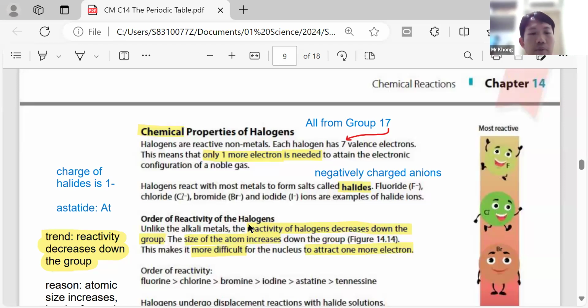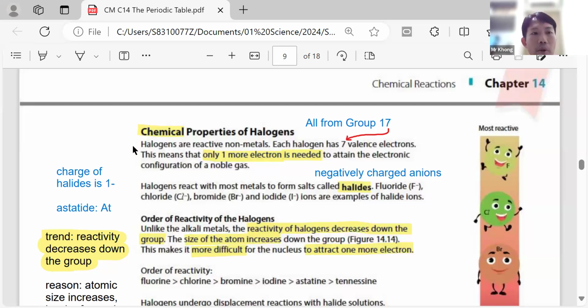Now, in this case, we will focus not on the things that they react with, but on how they react. So over here, we are going to be a little bit more concerned with how they are reacting. And in group 17, the halogens all have 7 valence electrons.